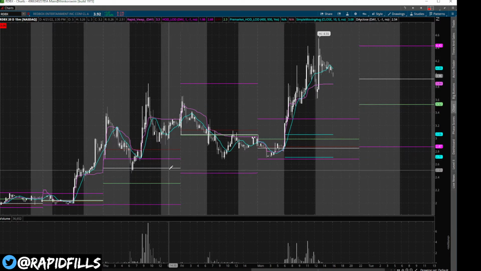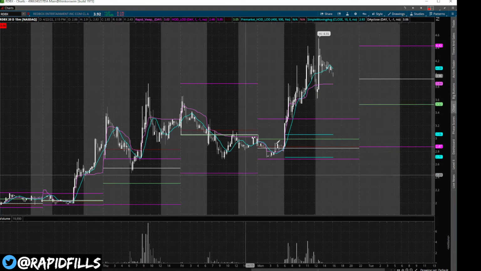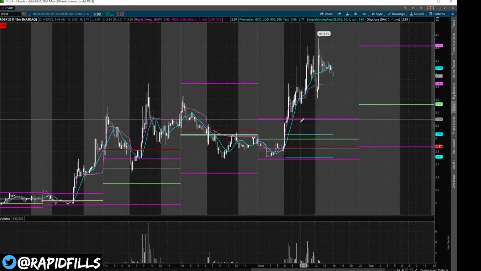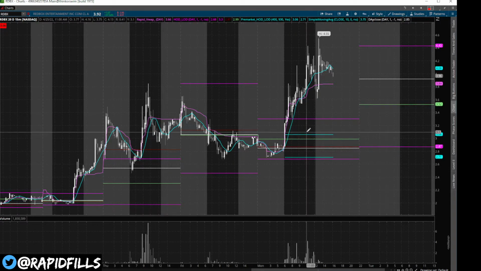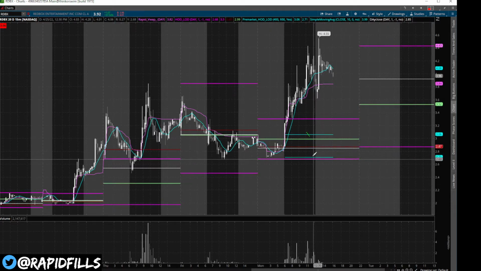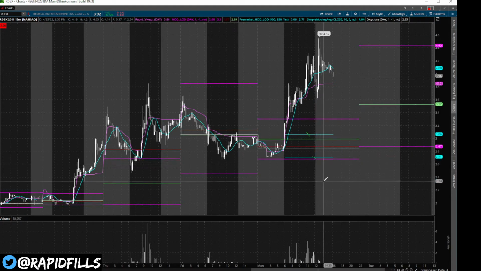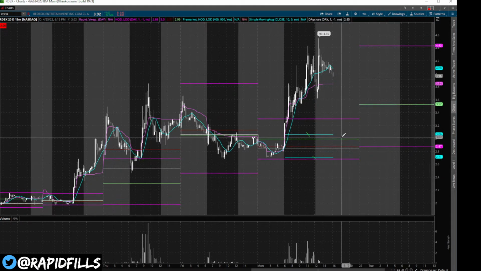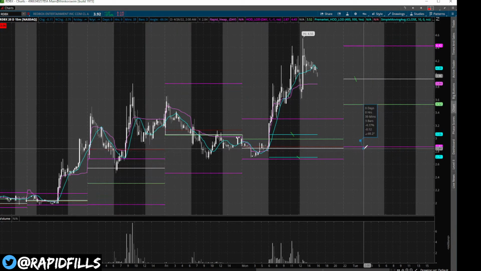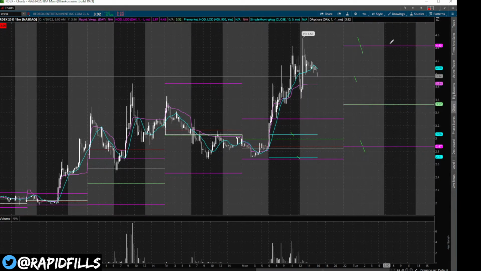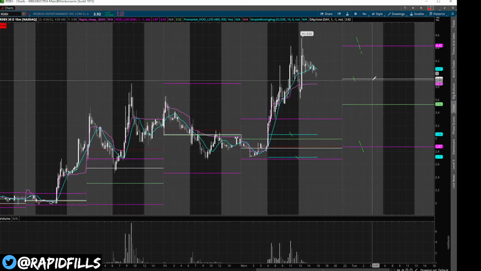These are automatically drawn for me. I have yesterday's high, yesterday's low, and the cyan lines are pre-market high and pre-market low. And the white line is yesterday's close. So here, this is yesterday's low and yesterday's high. Now I have the range plotted, and the close from the prior day.